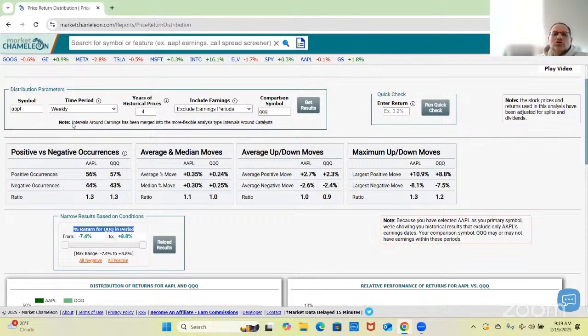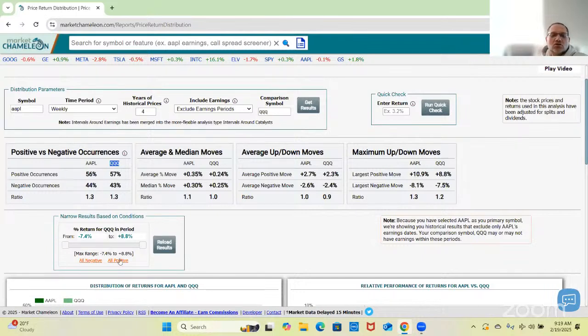So if we only looked at positive moves in QQQ, was Apple always positive in that same time period, or did Apple always follow up when QQQ was up, or was it more mixed, or how did Apple behave during those periods?